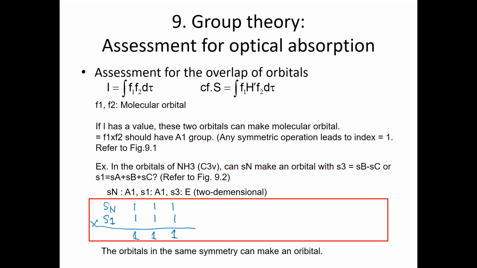These are the index values for the new molecular orbital from overlapping Sn and S1, which is again the same as the A1 category, meaning that if the multiplied molecular orbitals are categorized into A1, the integral is going to have a value.